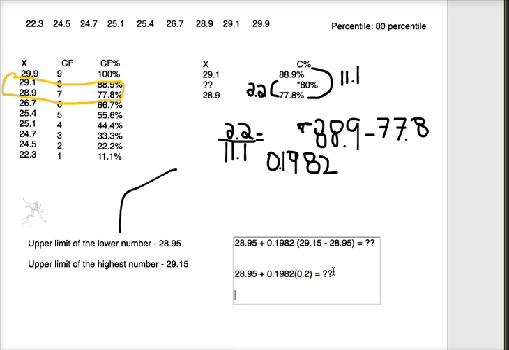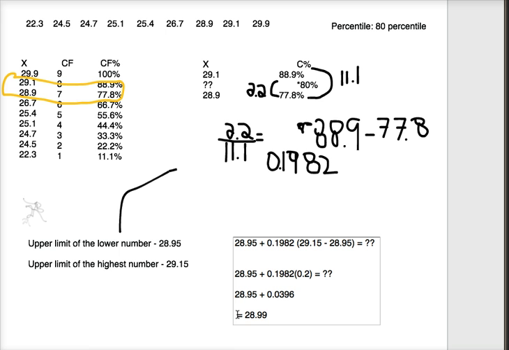Then if we multiply that, we should get 0.04. Let's carry out to 4 decimals. And then when we add the 28.95 to that, we should get a score of 28.99. And this is the score that is associated with the 80th percentile. So the 80th percentile score is estimated at 28.99.